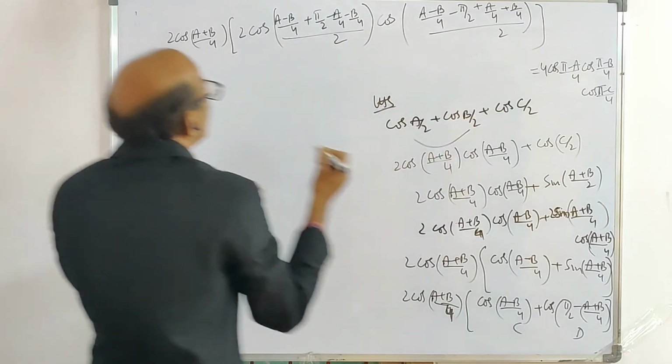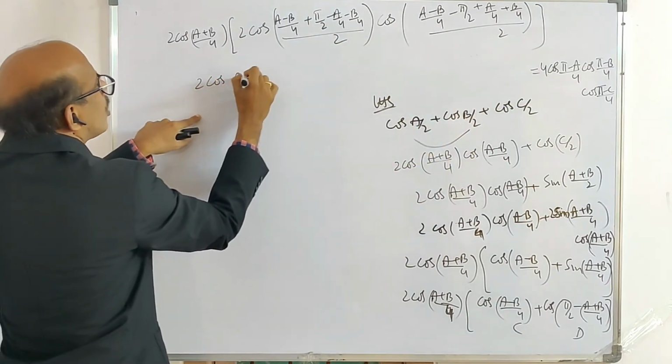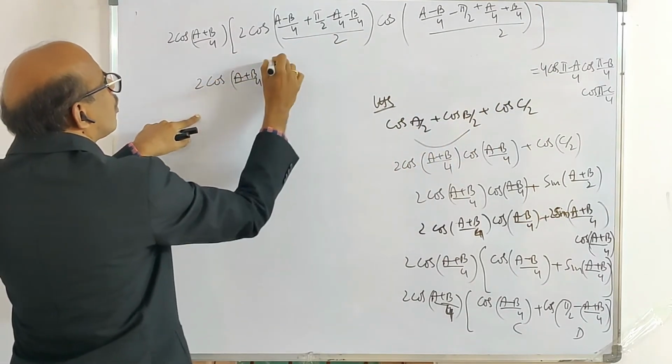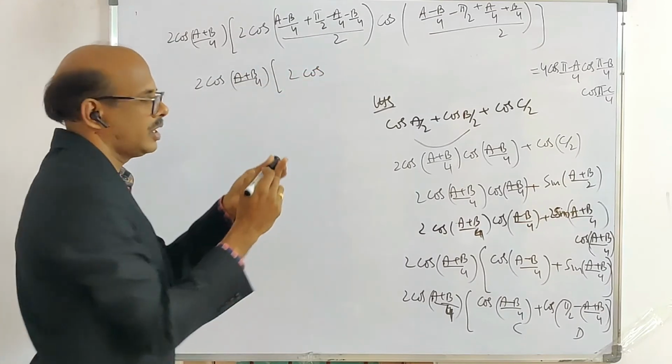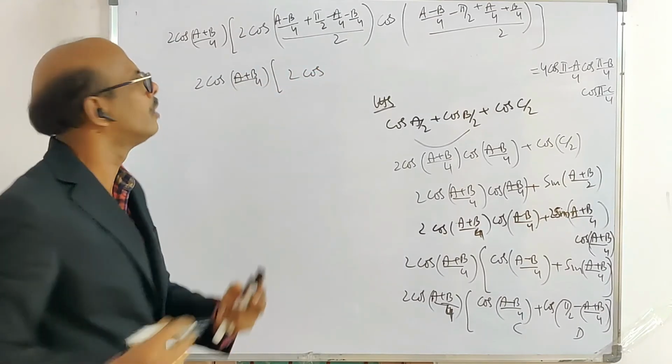Okay, right. Next step: 2 cos of (a plus b)/4 and 2 cos, only simplification required here.